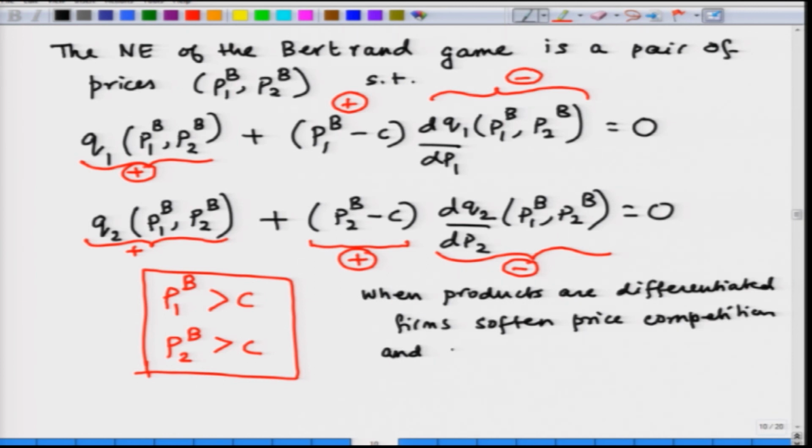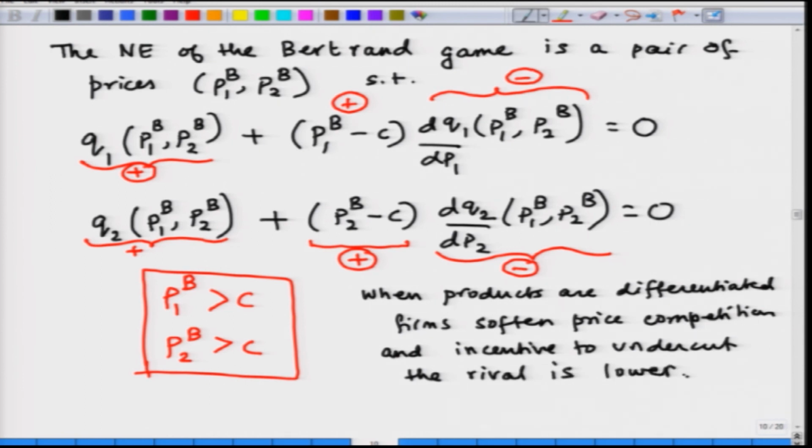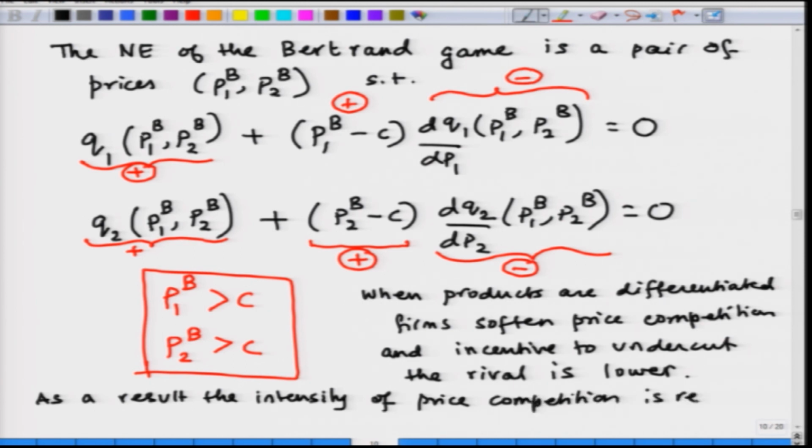The incentive to undercut the rival, which was very strong in our baseline Bertrand model, is lower, right. As a result, the intensity of price competition is reduced, and both firms exercise market power in equilibrium.